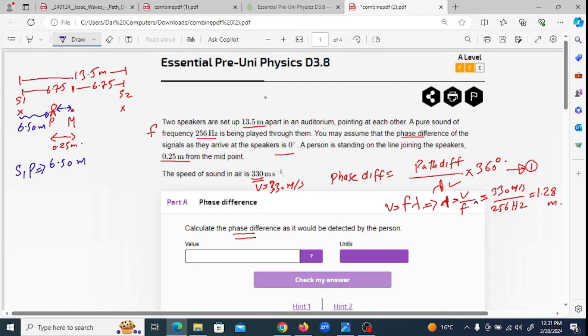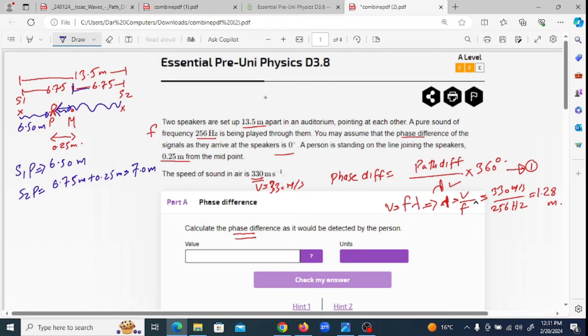Similarly we need to know the distance from S2 to P. The wave is coming from S2. From S2 to P the distance is equal to, as we know that halfway is 6.75, plus 0.25. So 6.75 meter plus 0.25 meter is exactly equal to 7.0 meter. So S2P is 7.0.